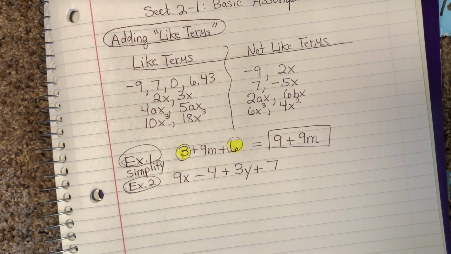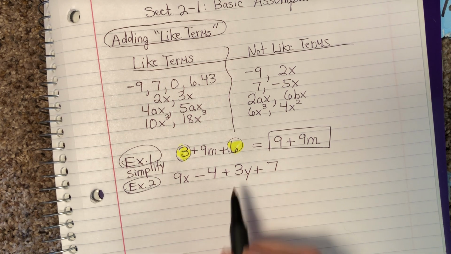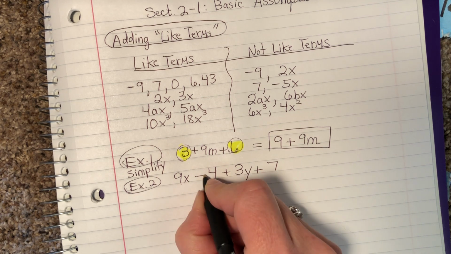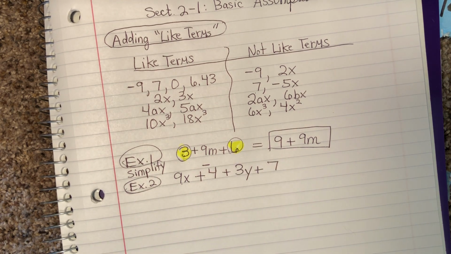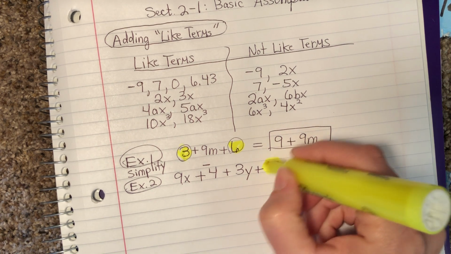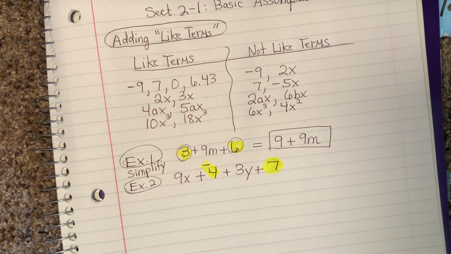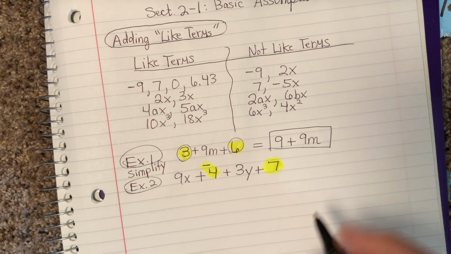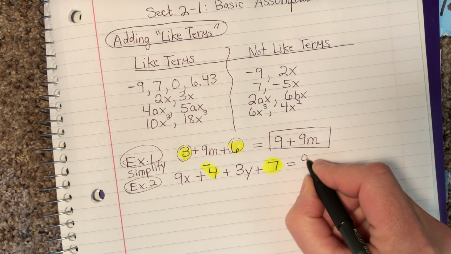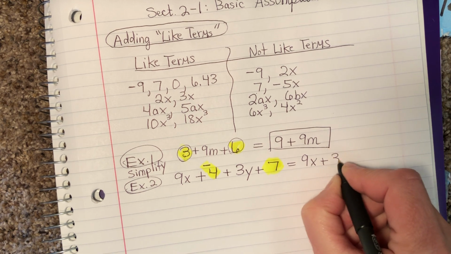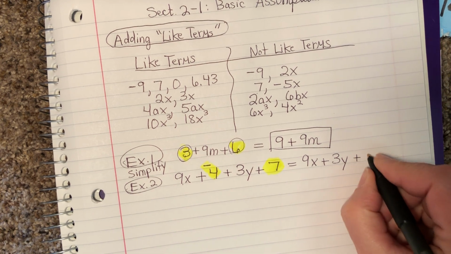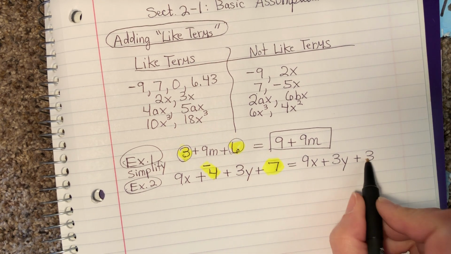Well, we need to figure out what terms are alike. First of all, any place you have subtraction, you want to keep, change, change. Now I know my number can add with the other number, and then the x term cannot add to the y term, so those are two separate ones. So the 9x is going to stay 9x, the 3y is going to stay 3y, and negative 4 plus 7 will add to a 3. Those cannot add to each other.